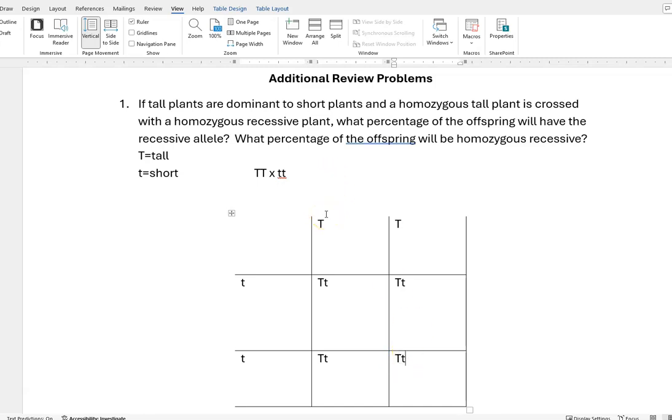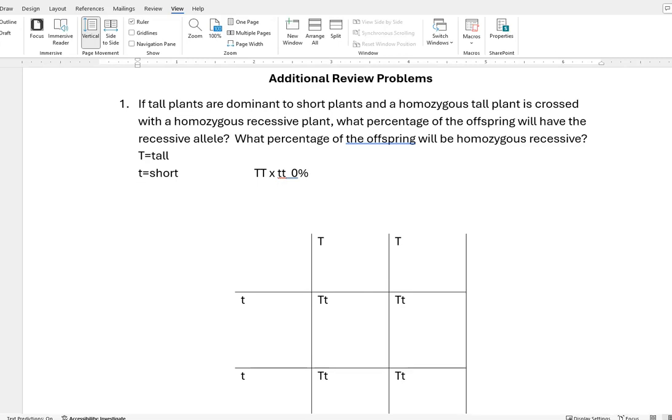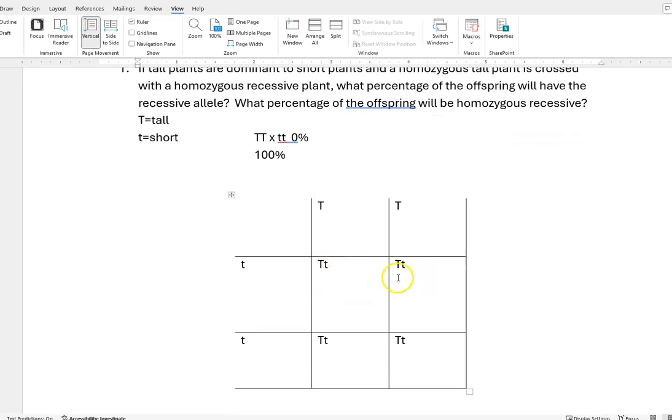In this case, it asks what percent of the offspring will be homozygous recessive. We do not have any homozygous recessive offspring. So our answer really is 0%. Now, if the question was asking what percent of the offspring are heterozygous, then we would have 100%, because all of these are heterozygous.